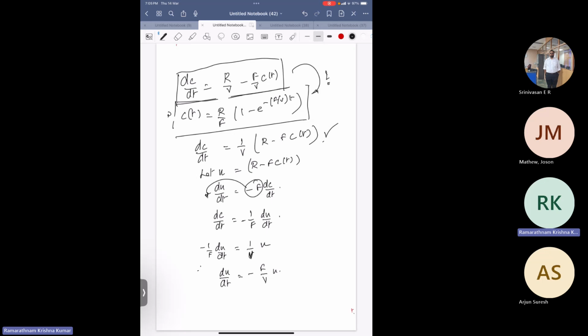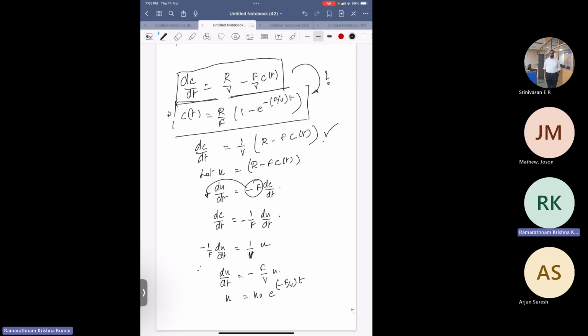So then, what's the next step? Bring U to the left side. From here you can directly tell U is equal to U naught e power minus F by V into t. See, what have I done?